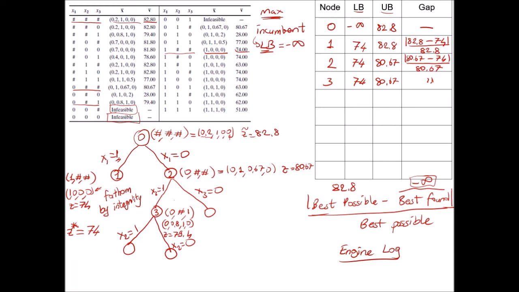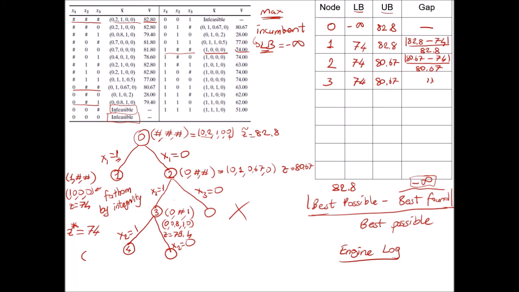Now I have 3 open nodes and I need to select one of them. According to depth first search, I cannot select this one. It should be one of these. And according to my rule, to select a variable which fixes value to 1, I need to select this one as the next node, which is 4. And now, which problem am I solving here? What is the value of x1? Is it fixed or not?